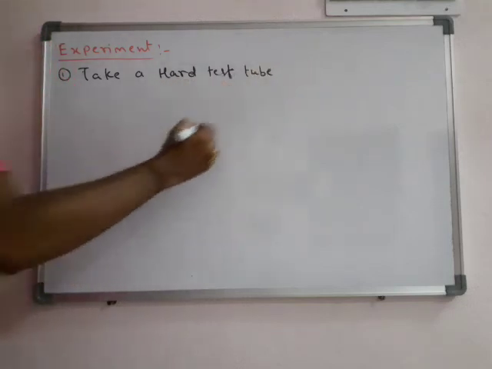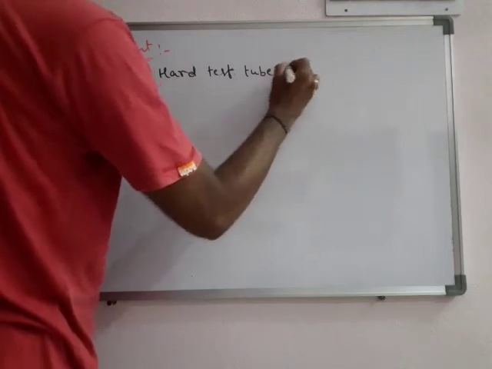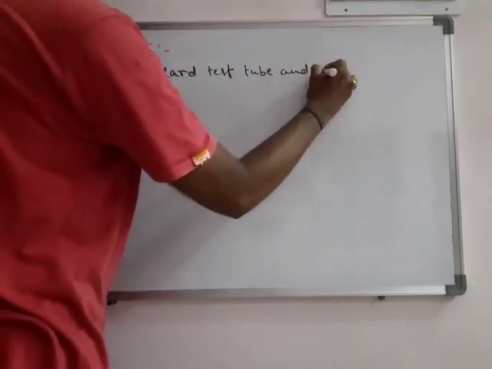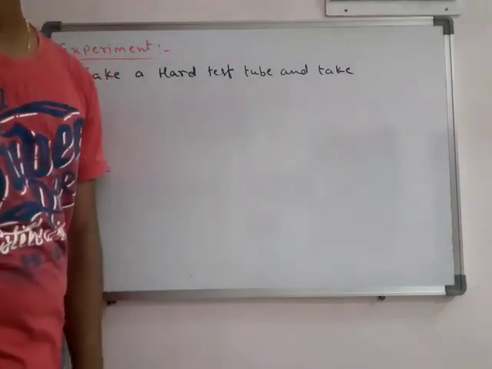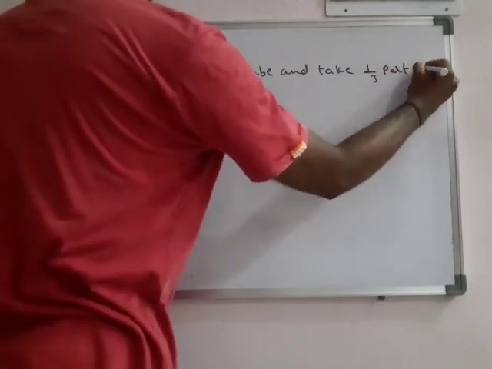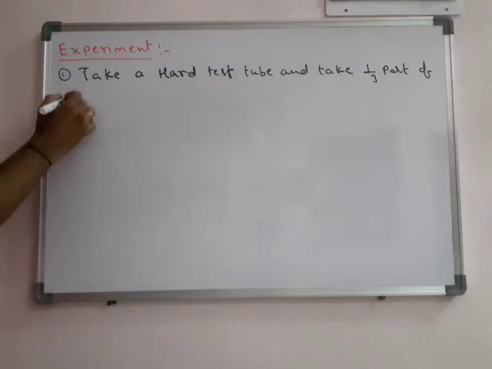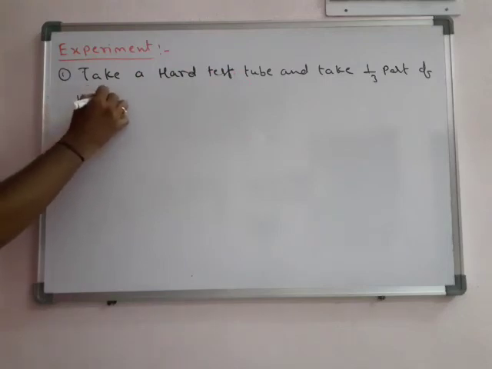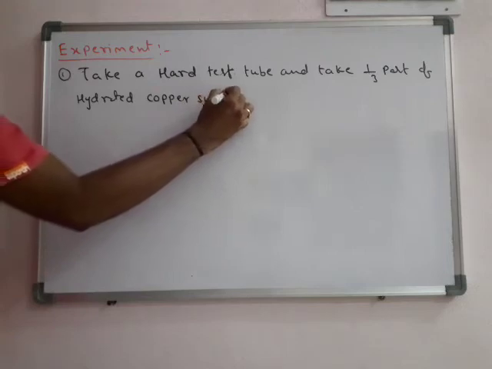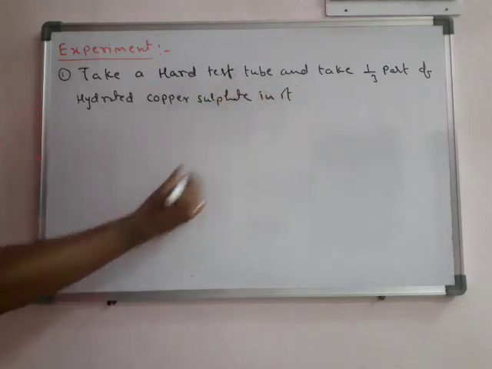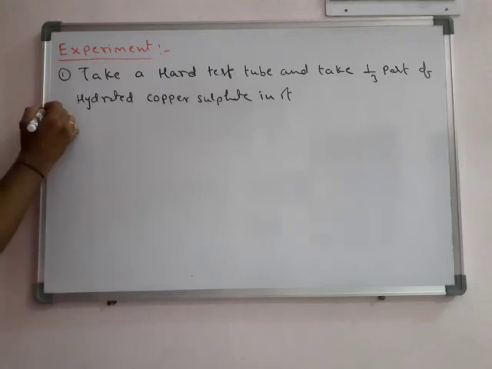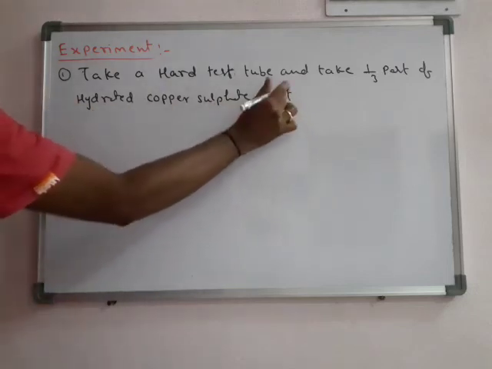Take a hard test tube, and take some amount of it, one-third part of it, and take one-third part of hydrated copper sulfate in it.